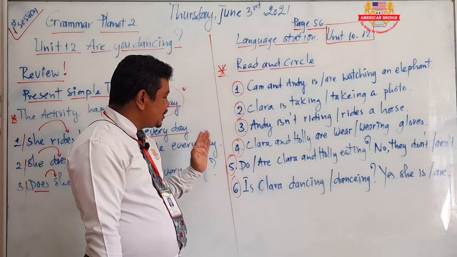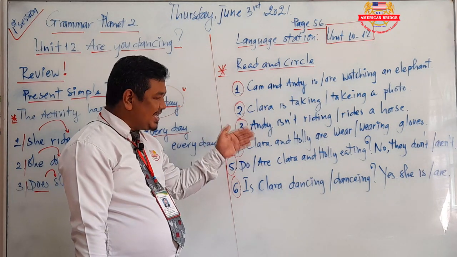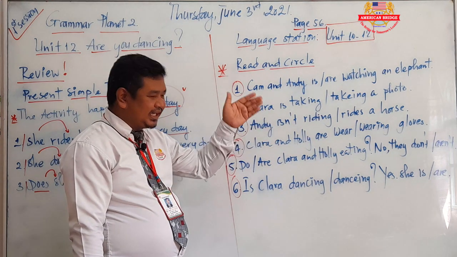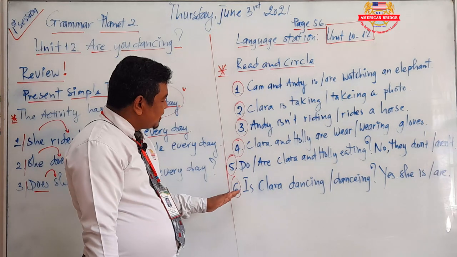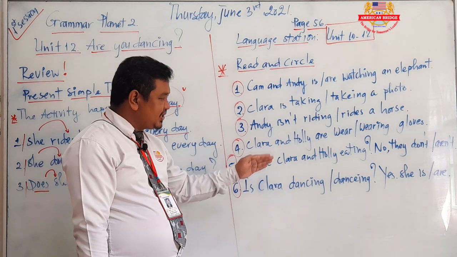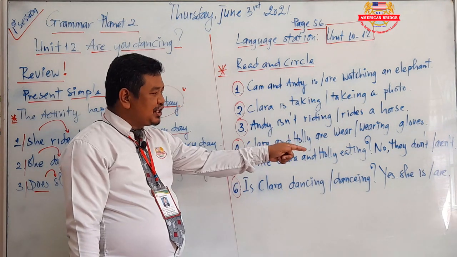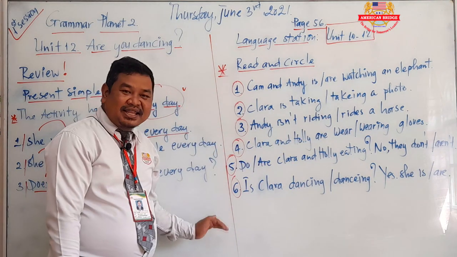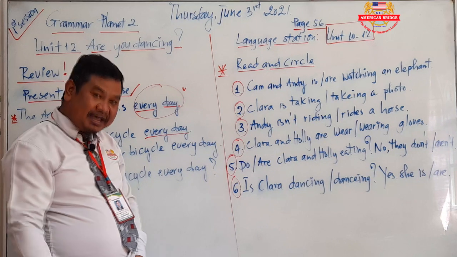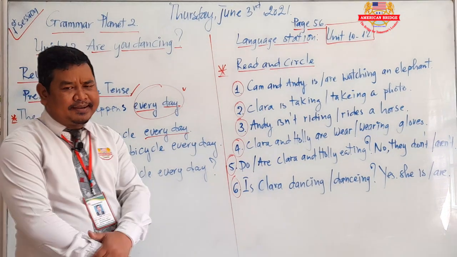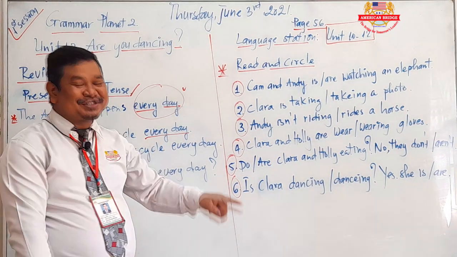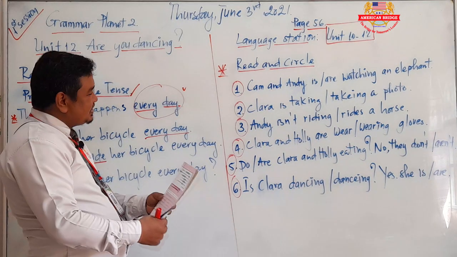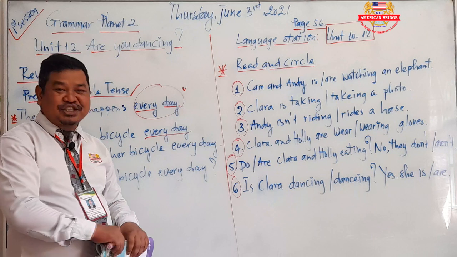Number 5, are Clara and Harley eating? No, they aren't. Number 6, is Clara dancing? Yes, she is. So which one is the correct answer? If you know the correct answer, you have to circle it and then show me right now. Okay, and your homeroom teachers. Now I don't want to waste time, so I have to do the exercise in order to make you clear.